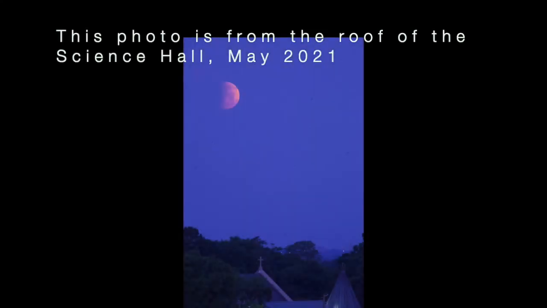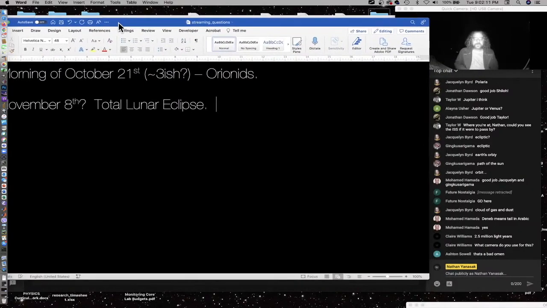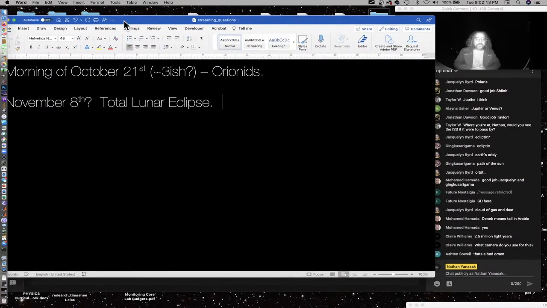Nope. This one? Nope. I don't have that picture, I don't think. Maybe I do. Yeah, so go out and see the total lunar eclipse on November 8th.